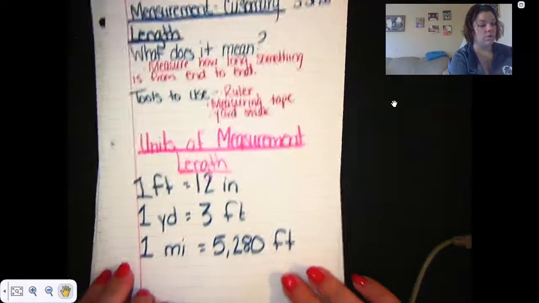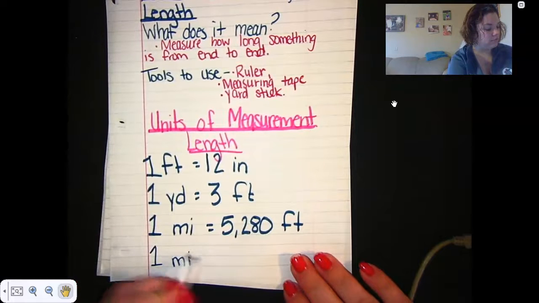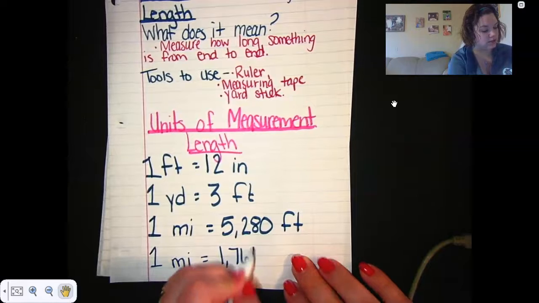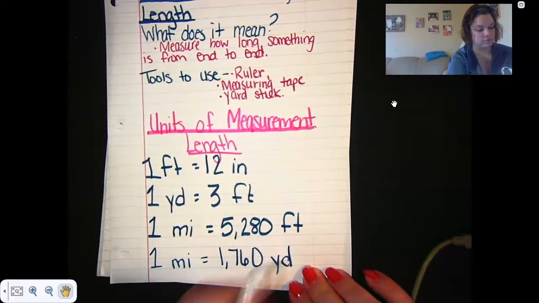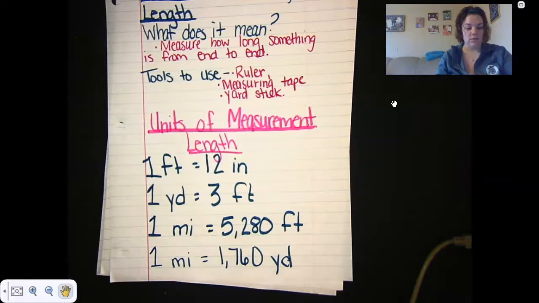And we also have 1 mile, which equals 1,760 yards. Okay? Now that we know that, what we're going to do is some math.